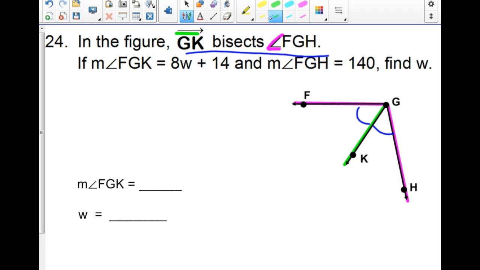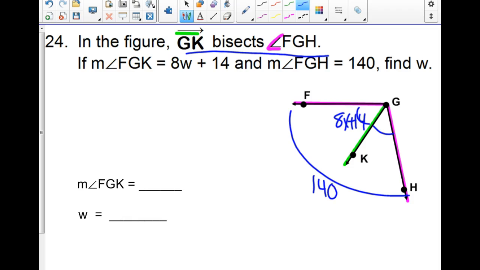If FGK is 8x plus 14, and FGH, the whole thing, is 140. Find W. Well, if you know the whole thing's 140 and it was cut in half, half of 140 is 70. So each of these is 70.